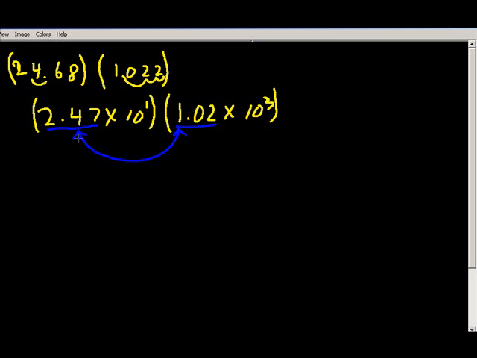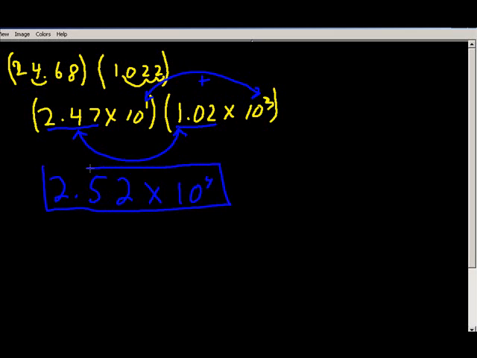When you multiply that together, you get 2.52 times, and when it comes to the exponents, when you multiply in exponents, you simply add them. We add them because this is a multiplication problem. And the result is you get 10 to the fourth. So it's already set up in scientific notation. So brilliant. We're good to go with that.